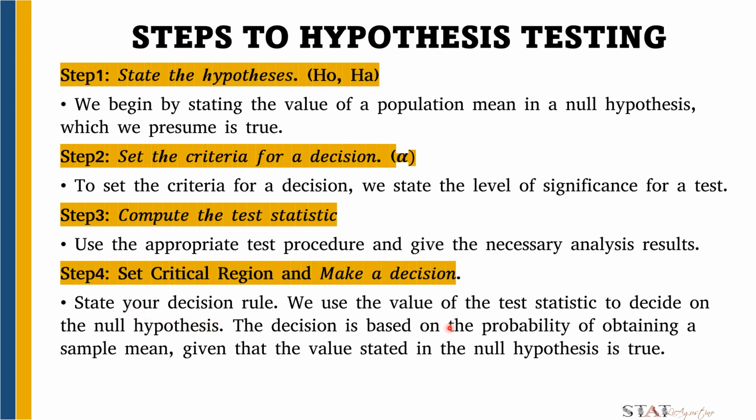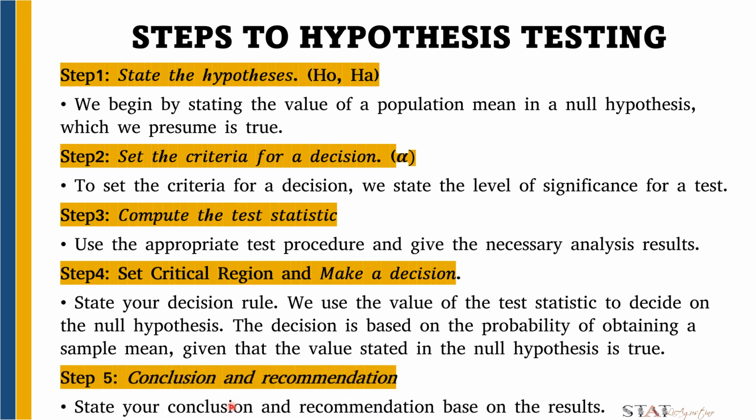We use the value of the test statistic to decide on the null hypothesis. The decision is based on the probability of obtaining a sample mean given that the value stated in the null hypothesis is true. And then step 5 is our conclusion and recommendation. So you have to state your conclusion and recommendation based on the result.